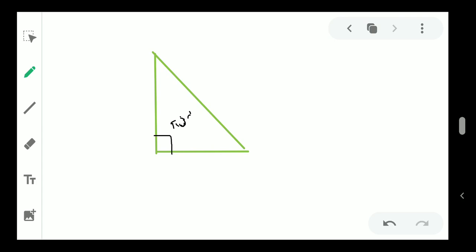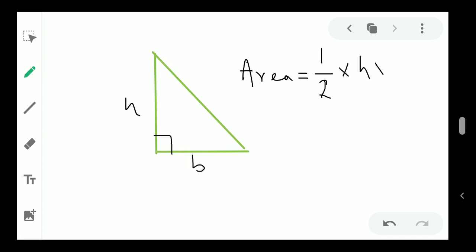Okay. Now the area of this one will be, if this is your base and if this is your height, half into height into base. Okay, so that is there. Acha. So this much we already know, right?